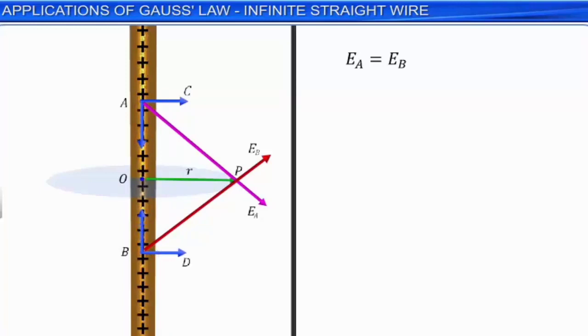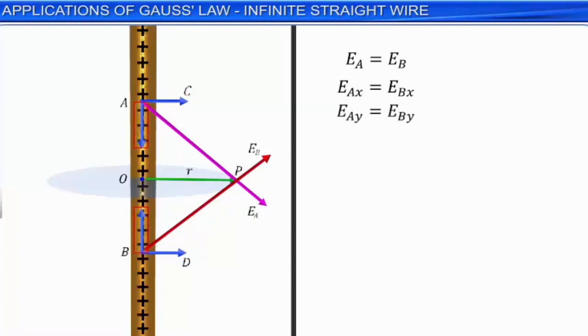As the magnitudes of EA and EB are equal and elements A and B are symmetric about O, the magnitudes of the horizontal components of the electric fields are also equal. Similarly, the magnitudes of the vertical components of the electric fields are also equal. We observe that the directions of the vertical components of EA and EB are opposite.